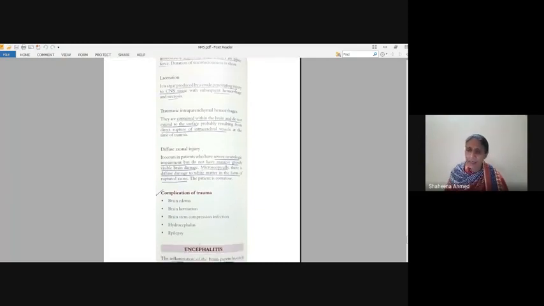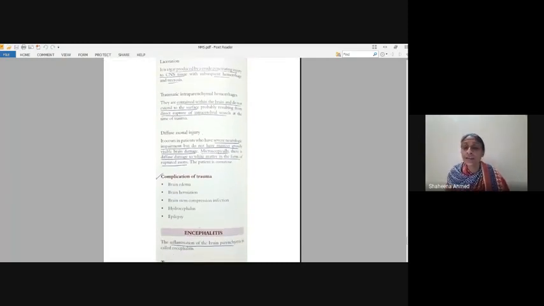Next comes laceration. In laceration, there is a tear in the brain tissue due to some penetrating injury. And due to this penetrating injury, what you will find is hemorrhage and necrosis.